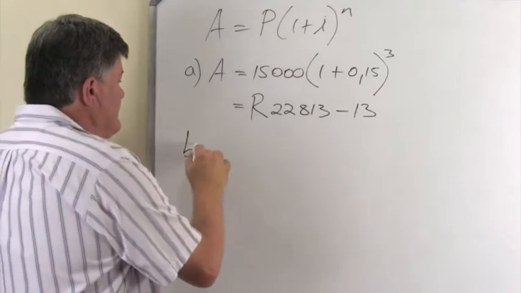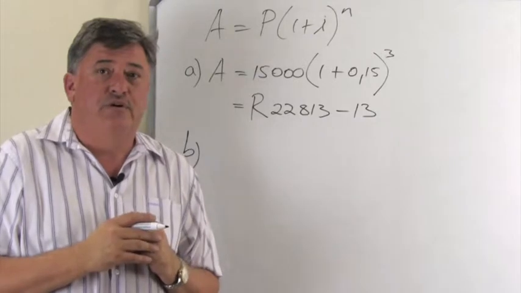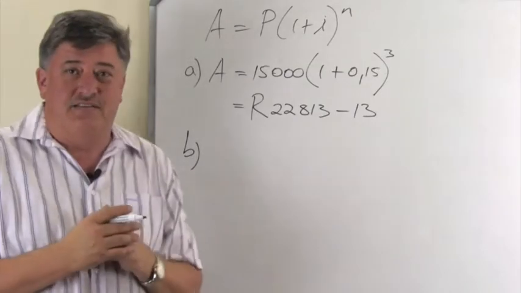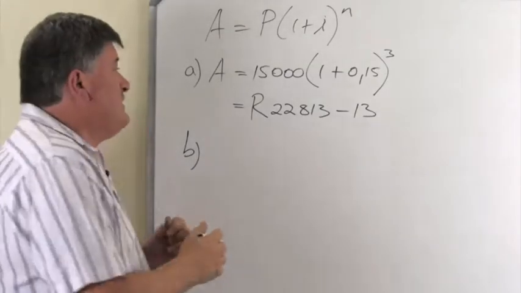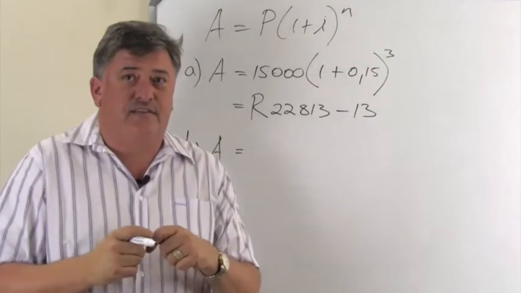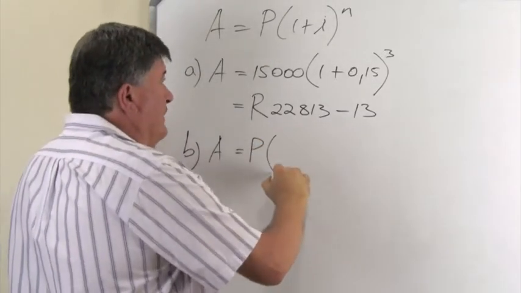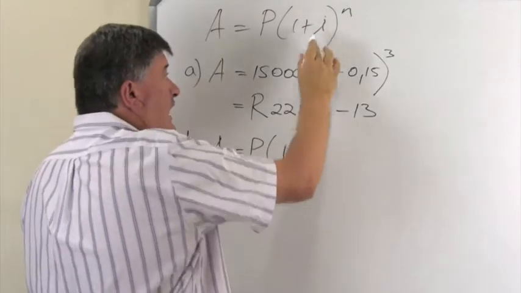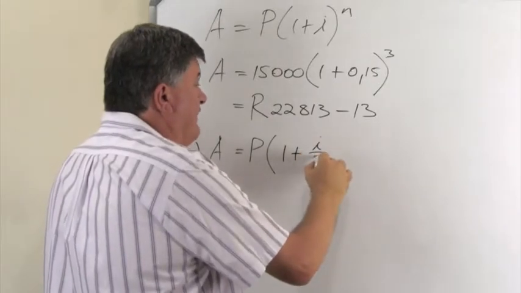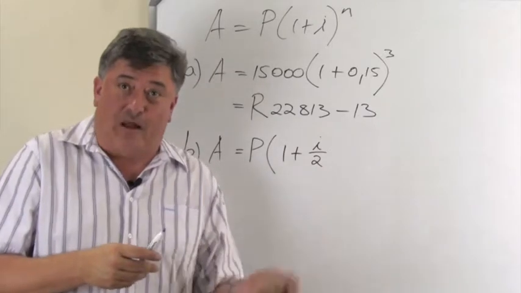Let's now do the same problem, the same formula, but we change it now to semi-annually, half yearly, and we see how these answers will differ. So when we do semi-annually, good advice is that you adjust your formula for half yearly. So A equal to P, 1 plus your I, which is your rate divided by 100, we're now going to divide it by 2 for half yearly because we want the calculation to be twice a year.